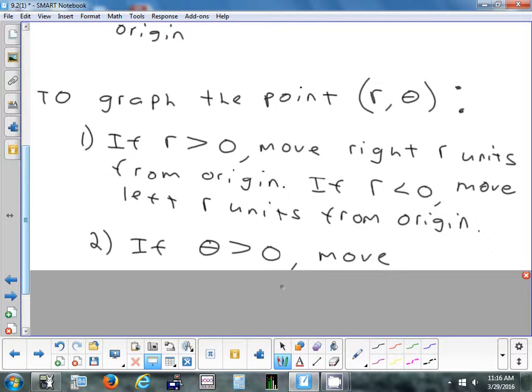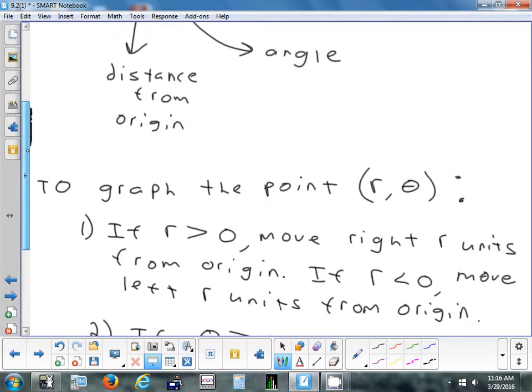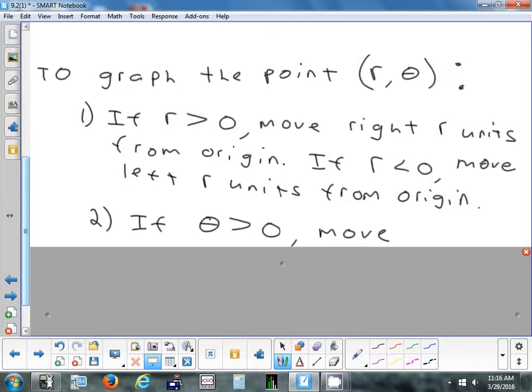Next thing we do is look at the angle. And I kind of mentioned it earlier, that point up there. If your angle is positive, what direction do you think you move? Counterclockwise, yep. So the angle is circular movement. So we don't want to use the terms left and right for this. We want to use either clockwise or counterclockwise.